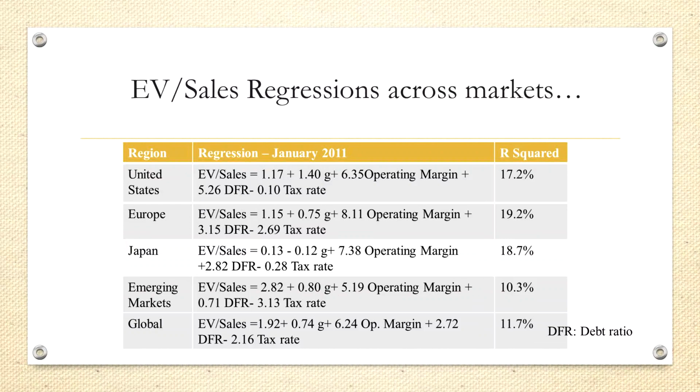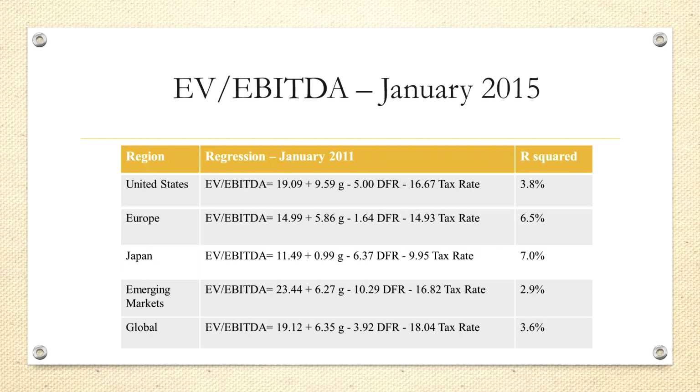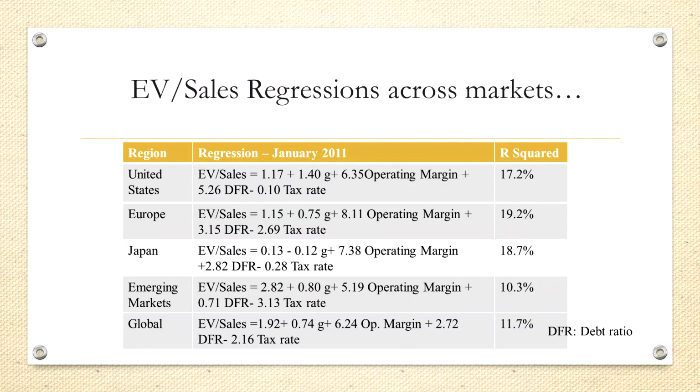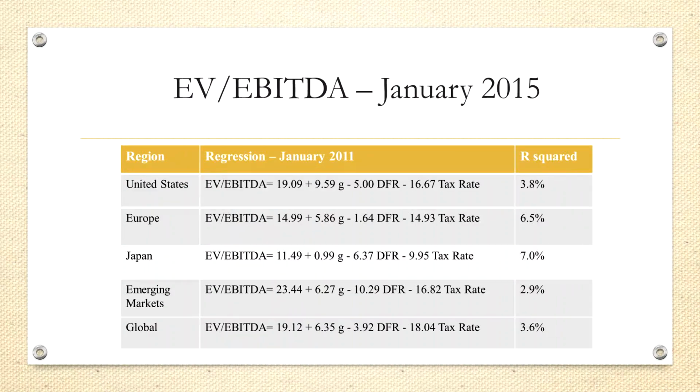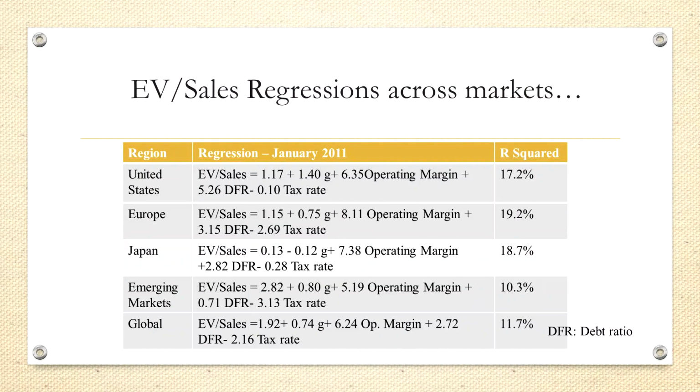The previous regression was based on January 2015, but if you run the regression another time, you will see different results, and also the R squares are pretty different. Previously it was single digit, but right now the R square increased to double digits, 17-19%.